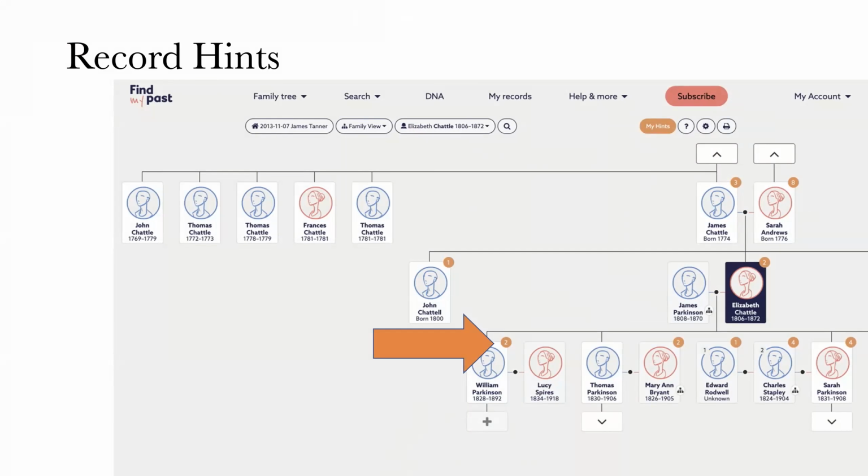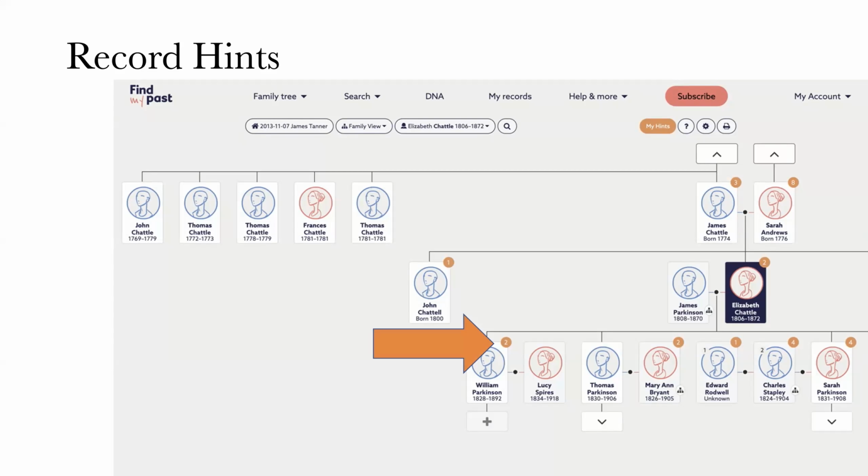So when you look at that person who was from Herefordshire or whichever other county it is, you have to make sure that you're not confusing the two. Just because the names are the same, the birth dates are the same, the wife's name may even be the same, or the husband's name may be the same.